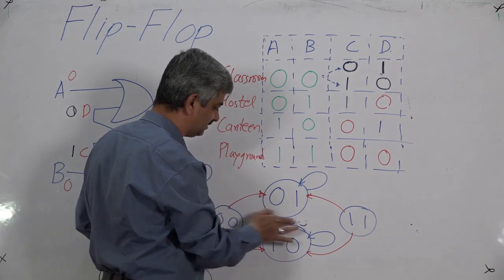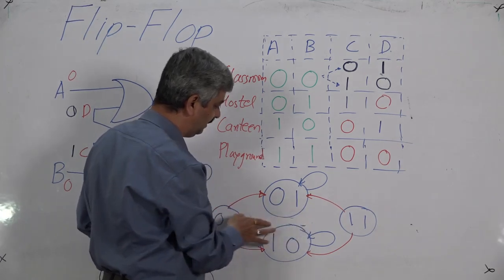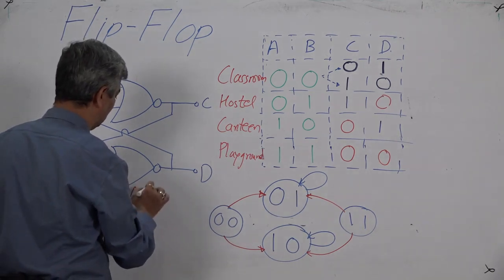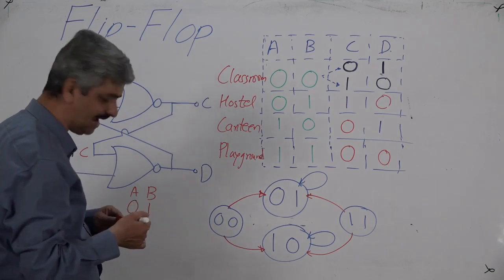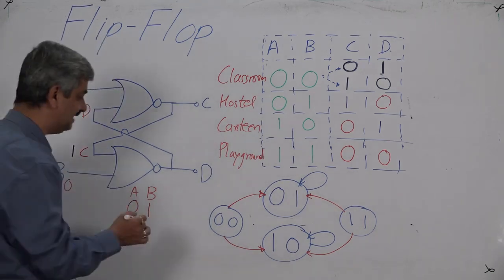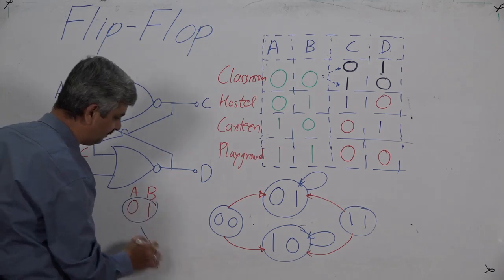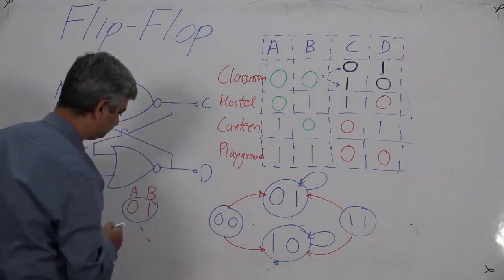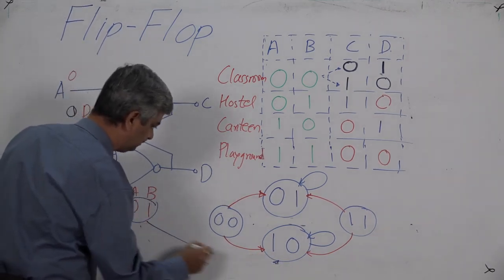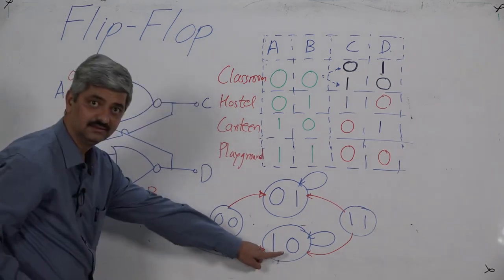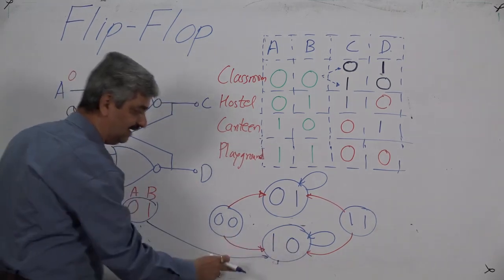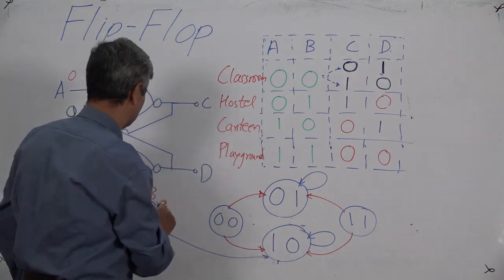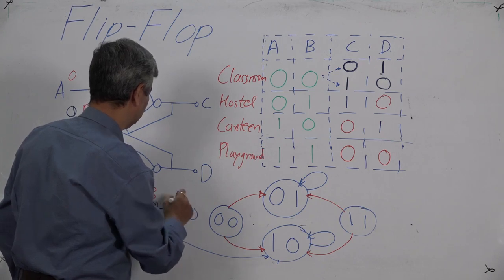So if you come from the 0, 1 state of A and B, when A and B were 0, 1, where were C and D? C and D were here. And it is seen C and D were here, and if C and D were here, now you come to the classroom from the hostel, so A and B has become 0, 0.